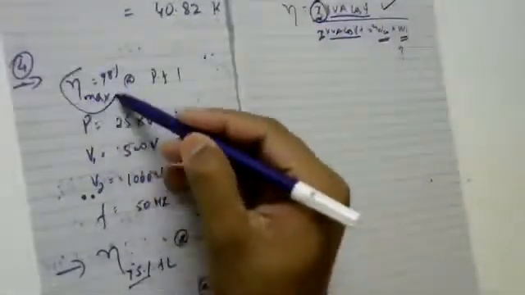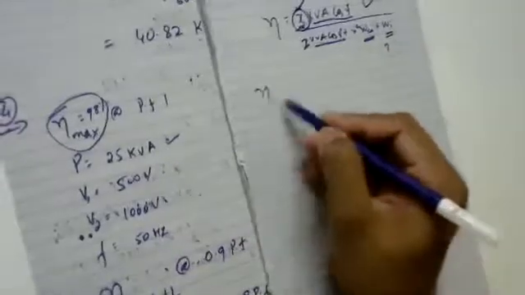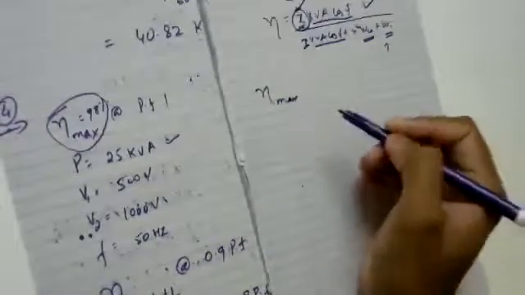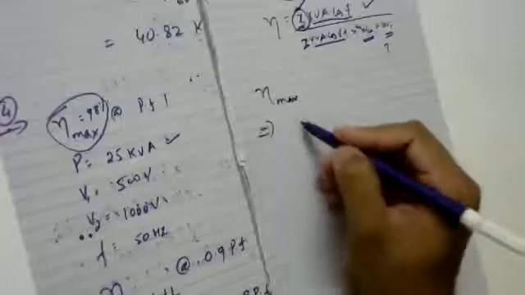Good, Vaibhavi. Very good. As he has said, efficiency is maximum. This is a hint that we have to hunt for, because we know that when efficiency is maximum, it simply implies the iron loss is equal to the copper loss.